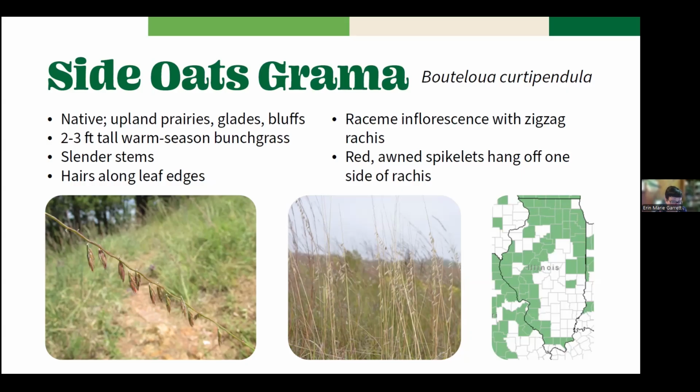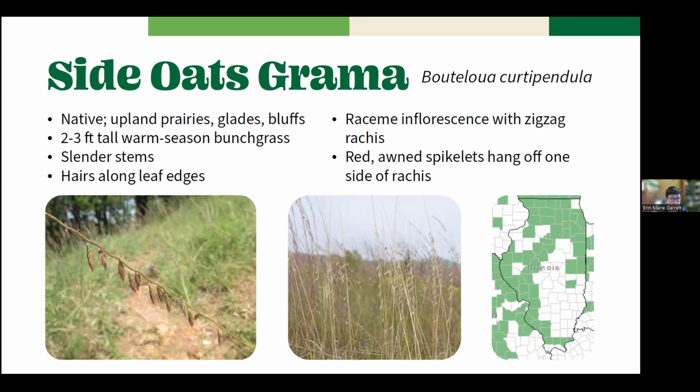It is a warm season bunch grass, but a lot shorter. So 2 to 3 feet tall. This is going to be more on the scale of like a little bluestem, in kind of the height and the delicate stems. One of the most reliable characteristics I look for before it's blooming, because it's pretty distinctive when it is in bloom, is to look for hairs along the edges of the leaves.